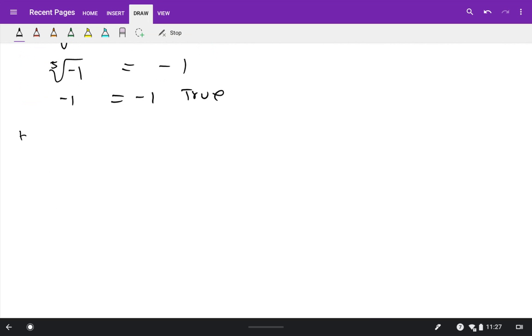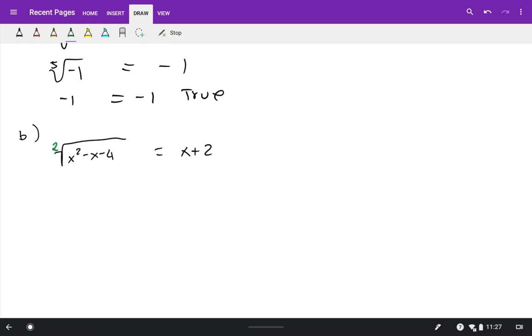Let's do B. We have, in this case, square root of x squared minus x minus 4 equal x plus 2. So to solve the equation like this, if you don't see the index of the radical, that means it's 2. We're having square root.